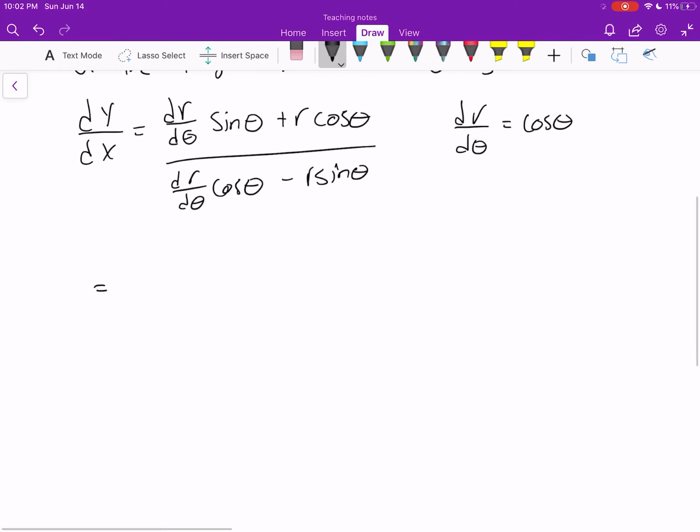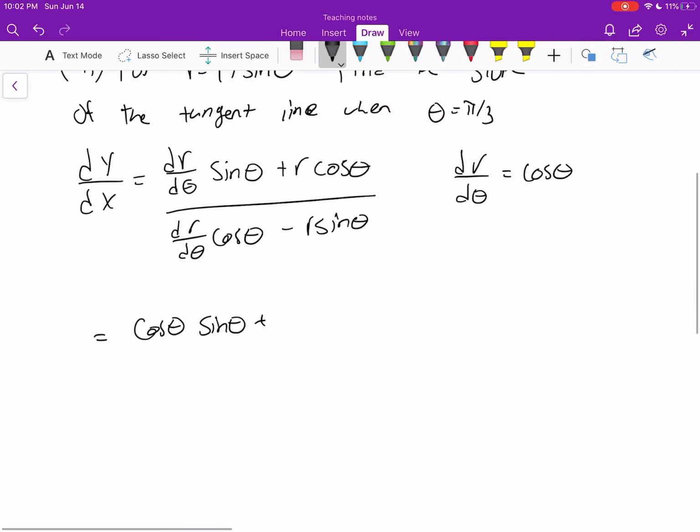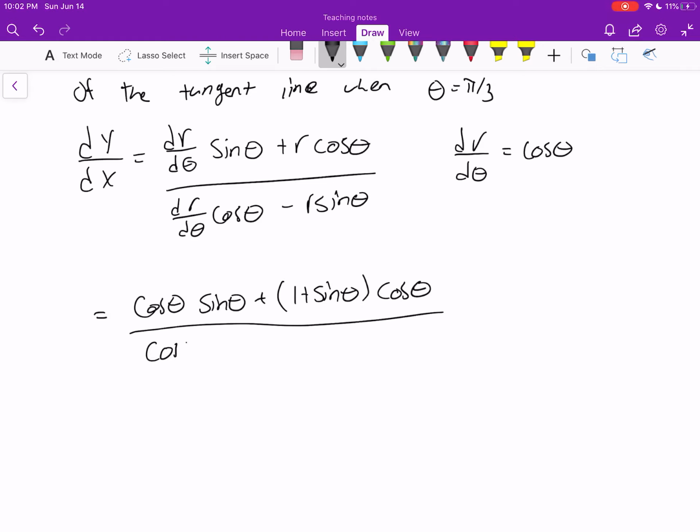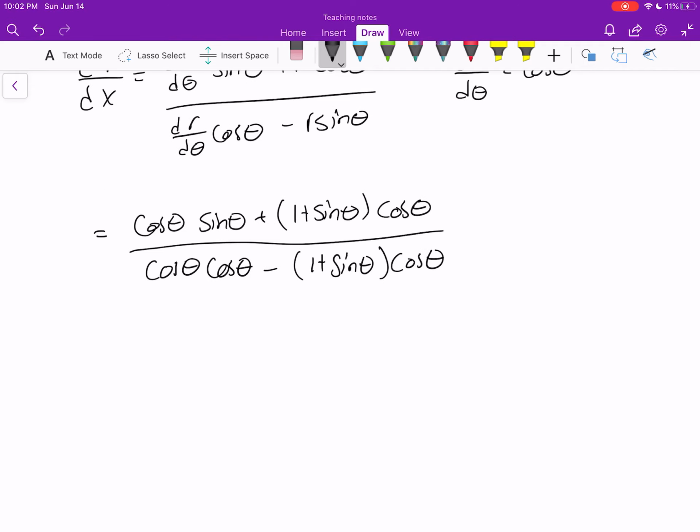So this is going to be equal to dr/d theta, which is cosine theta, times sine theta, plus r, which I have to replace in terms of theta, so 1 plus sine theta, times cosine theta, divided by dr/d theta again, cosine theta, times cosine theta, minus r, which I'm going to replace with 1 plus sine theta, just so everything's in terms of theta, times sine theta.